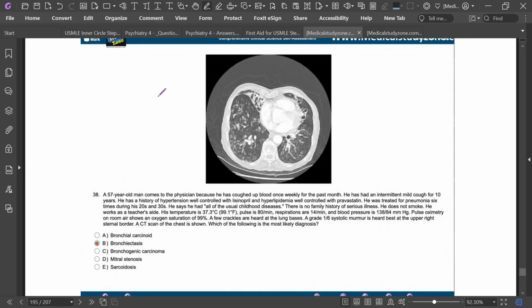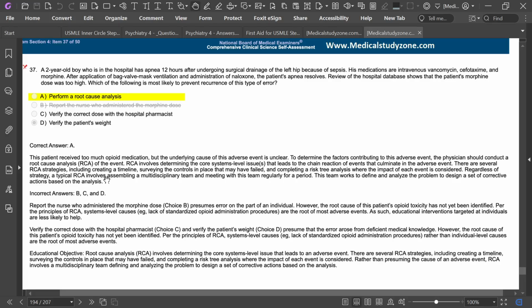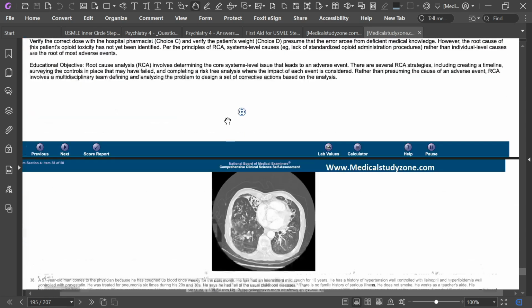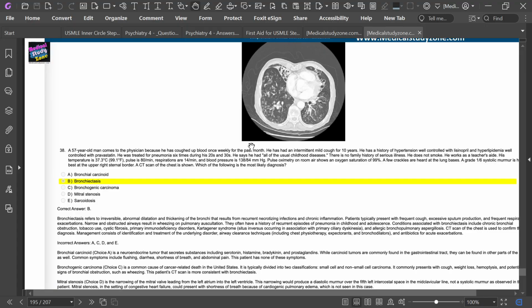In the CT scan, it looks like bronchiectasis. What will we find in bronchiectasis on X-ray?